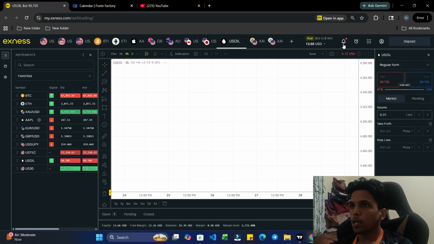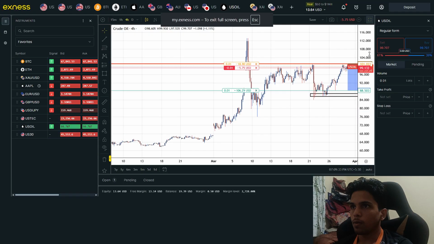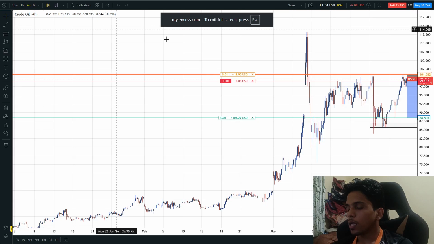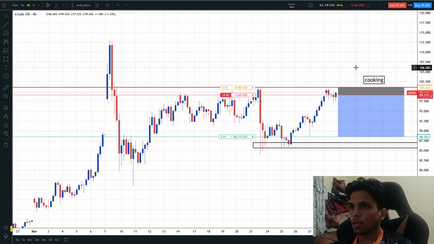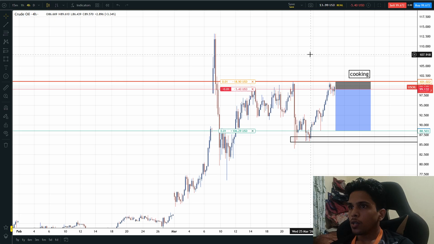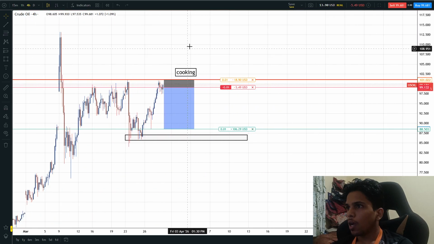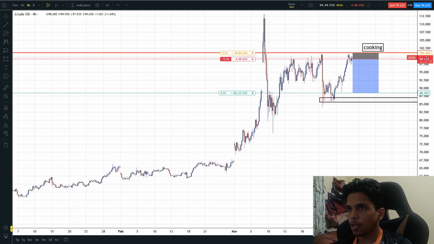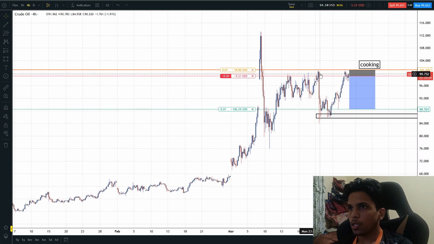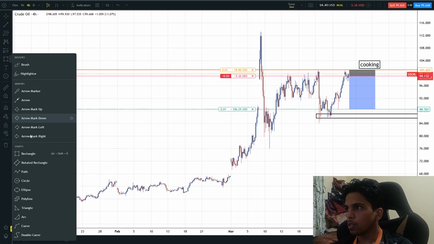First we are starting the analysis of the 4 hour on the oil, so we can get insights from the trade which we have taken. So it is what it is, and as you can see here, there is one type of zone here.